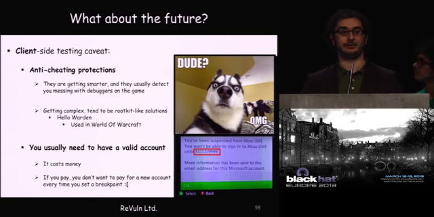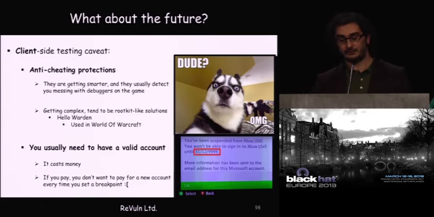They require some skills in order to bypass this kind of protection. And usually to test this kind of game, you need to have a valid account, and in order to have this valid account, you need to pay a monthly subscription, or you need to have your credit card details in, so you have to pay. So if you start messing with the game and you're the debugger, basically your account will be banned and you will lose money. So you need to think about this point.